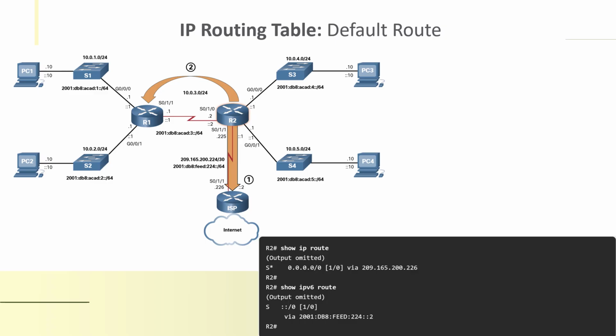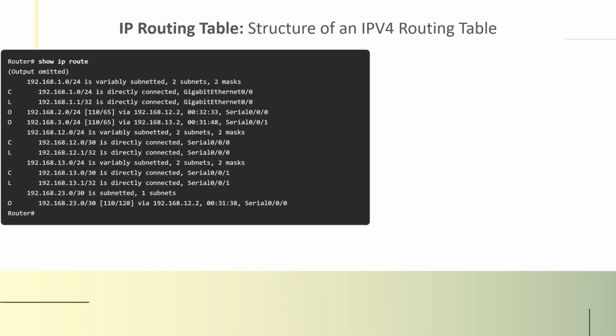Let's analyze the structure of an IPv4 routing table. IPv4 was standardized in the early 1980s using the now obsolete classful addressing architecture. So the IPv4 routing table is organized using the same classful structure.